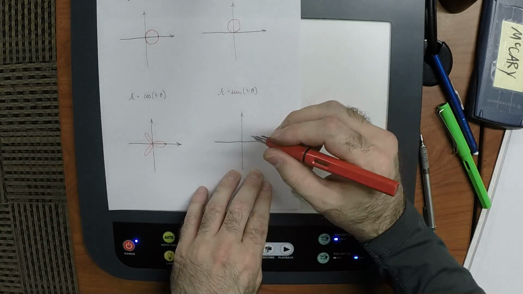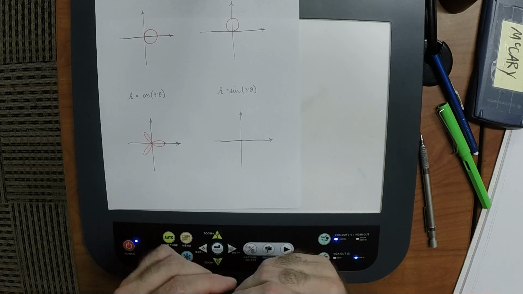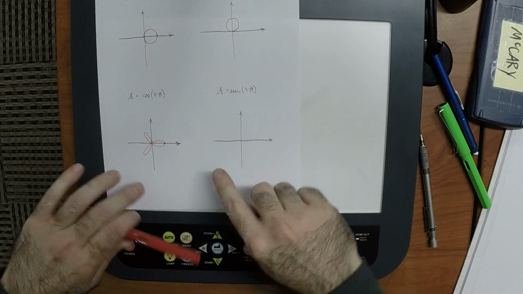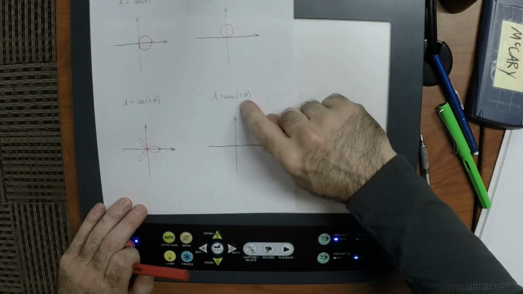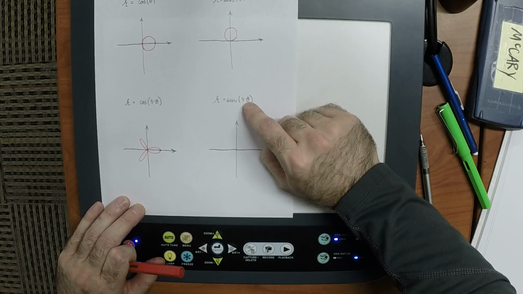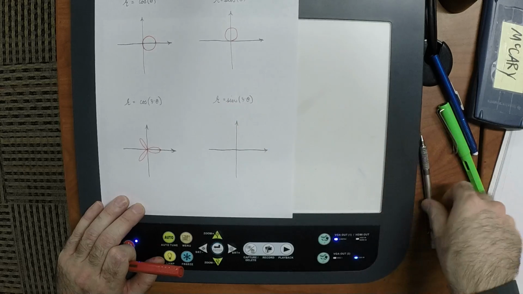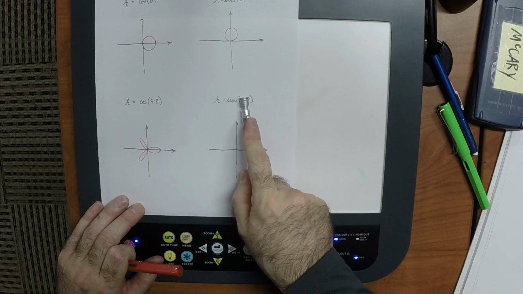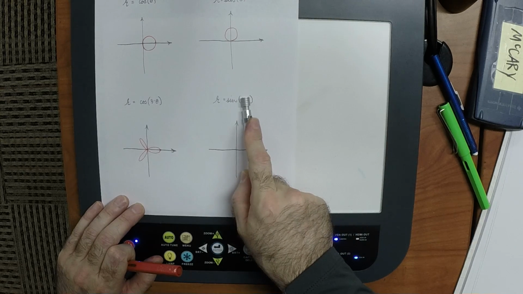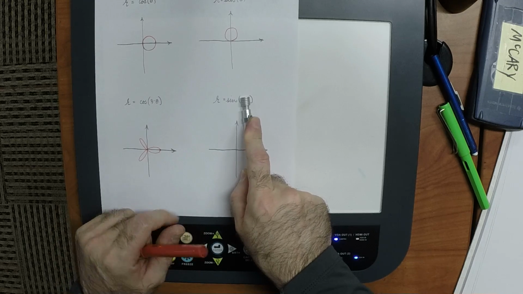And sine is going to be similar. My question is, what value of theta gives us r equals 1? If I cover that up, what would have to be in there so that sine of that thing is 1? Pi over 2, right?